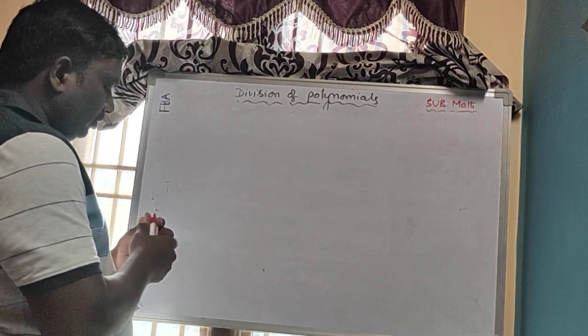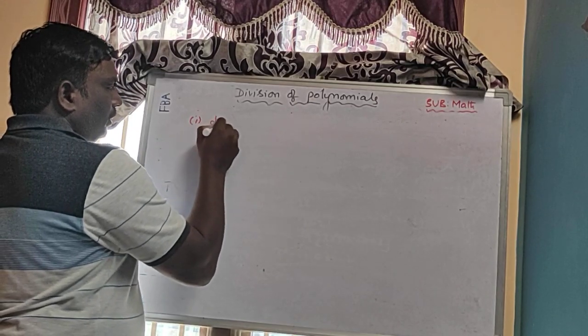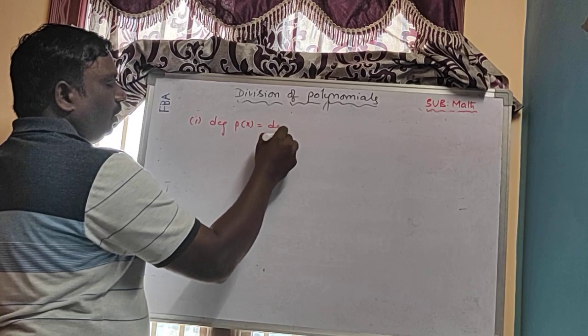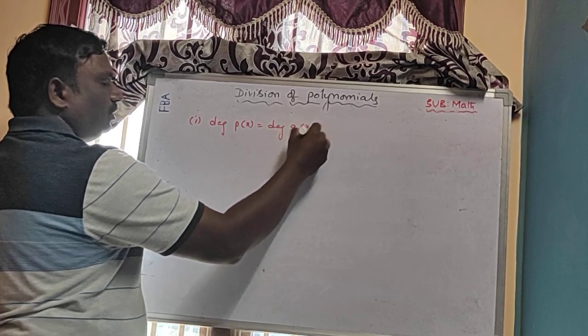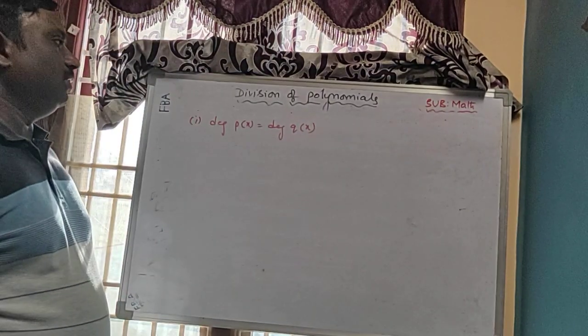The first question is degree of p of x equal to degree of q of x.